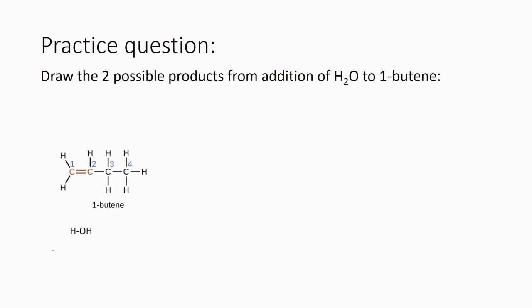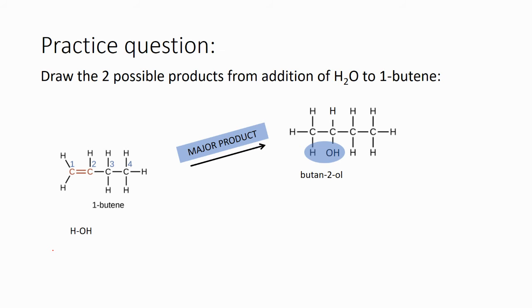Okay, you're back from writing the answers. So the major product will be where the hydrogen joins to the carbon that already has the most hydrogens. So carbon 1 has 2 hydrogens and carbon 2 has 1 hydrogen. So the major product will be formed when the hydrogen joins to carbon 1 and the OH, or the hydroxyl group, joins to carbon 2.